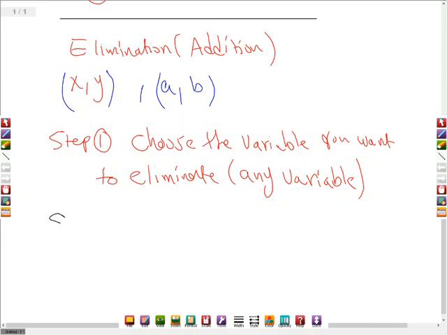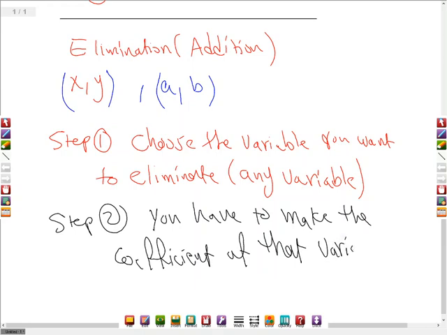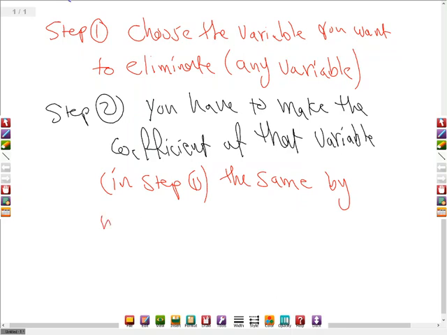Step two, you have to make the coefficient of that variable from step one the same in both equations by multiplying by any number.